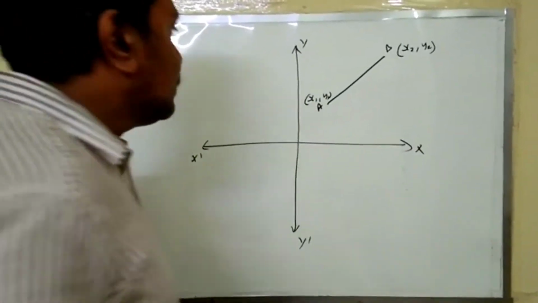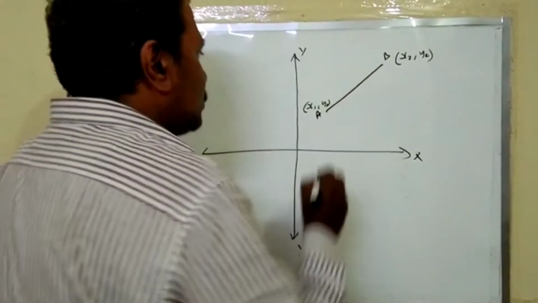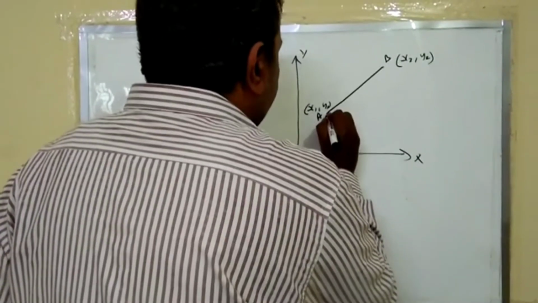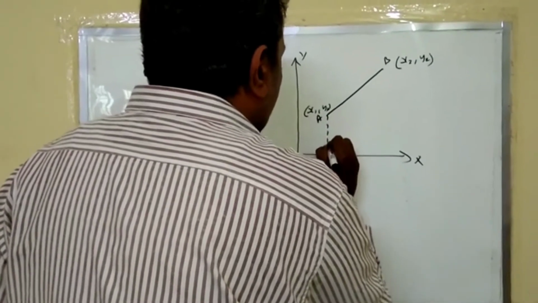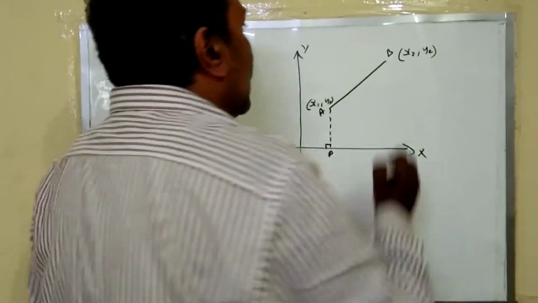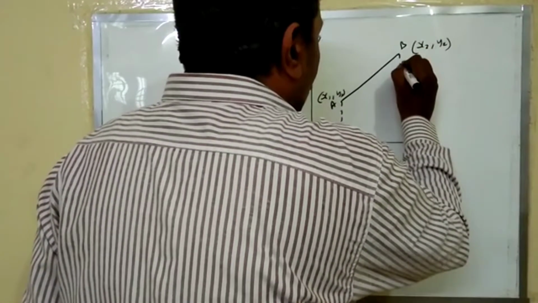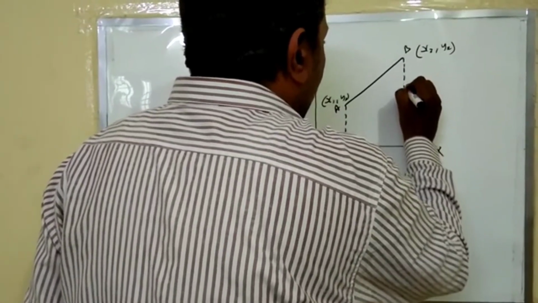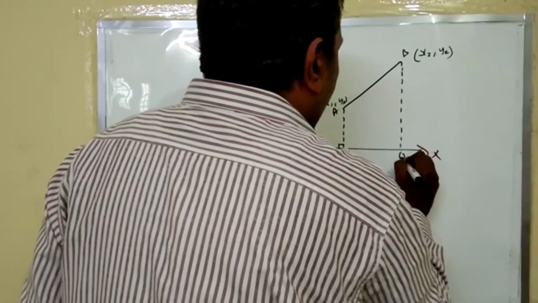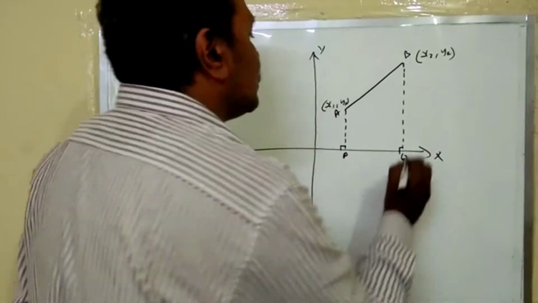For that, you need to draw a line segment AP perpendicular to the x-axis, and another line segment BQ perpendicular to the x-axis.